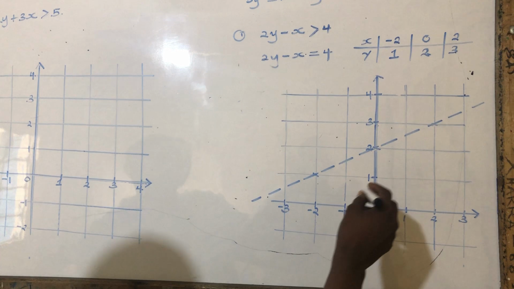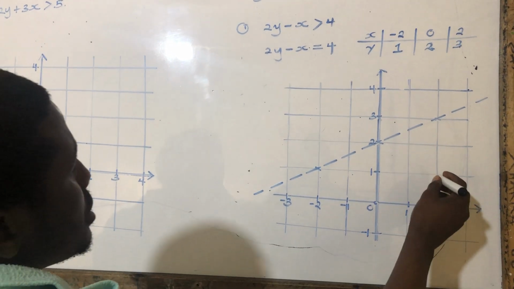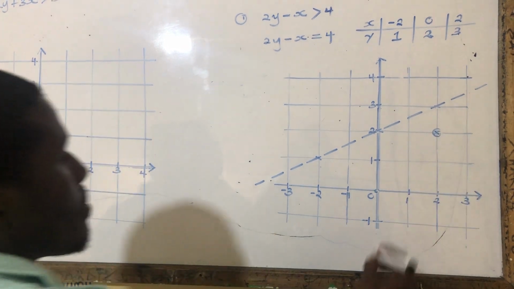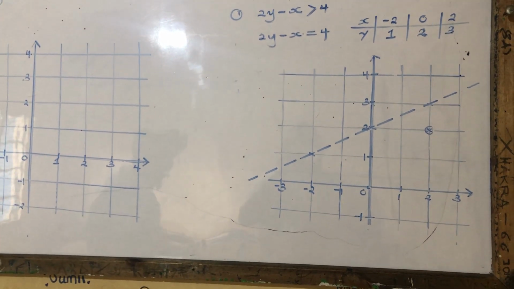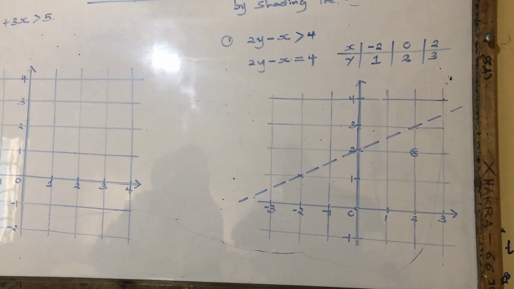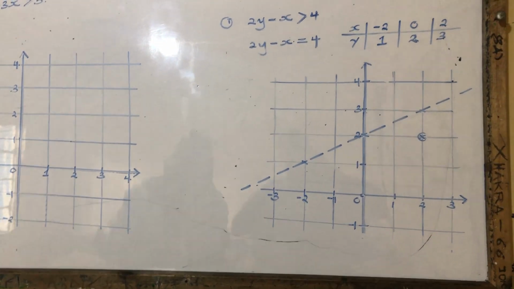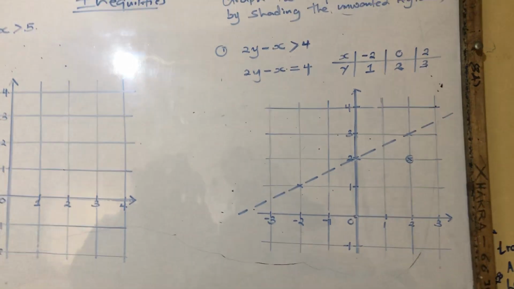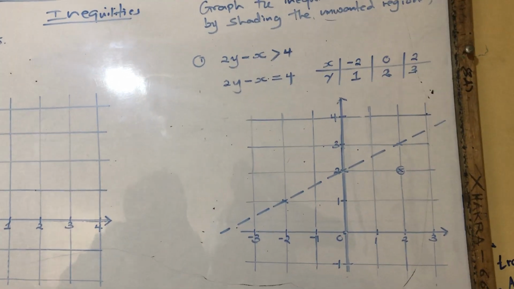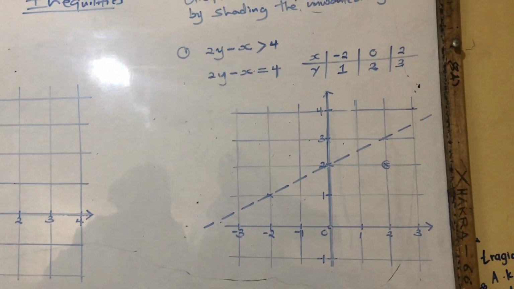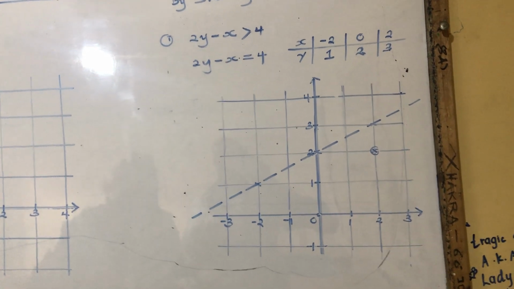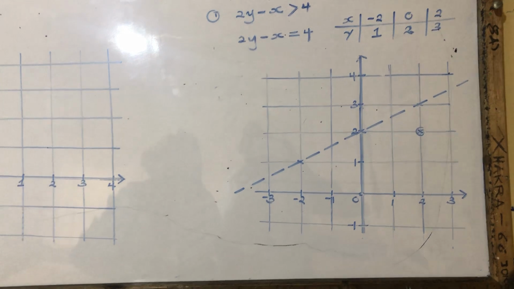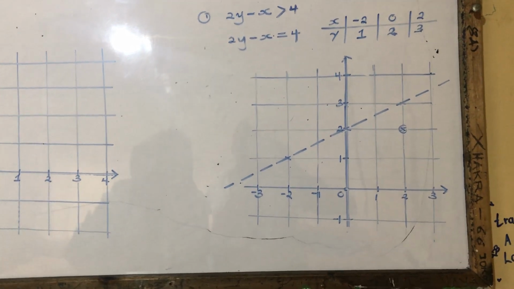Allow me to go for the point 2, 2. Do take note, a student is allowed to pick any other point. The point 2, 2 is just a point which I've decided to go for, but understand that you are allowed to go for any other point.